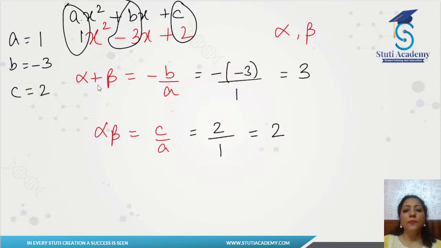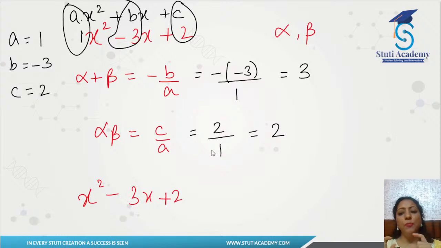So for the original polynomial x square minus 3x plus 2, the sum of the zeros is 3 and the product of the zeros is 2. If a polynomial is given to you and you don't want the zeros, but you want their sum and product, you can solve it directly from the polynomial.